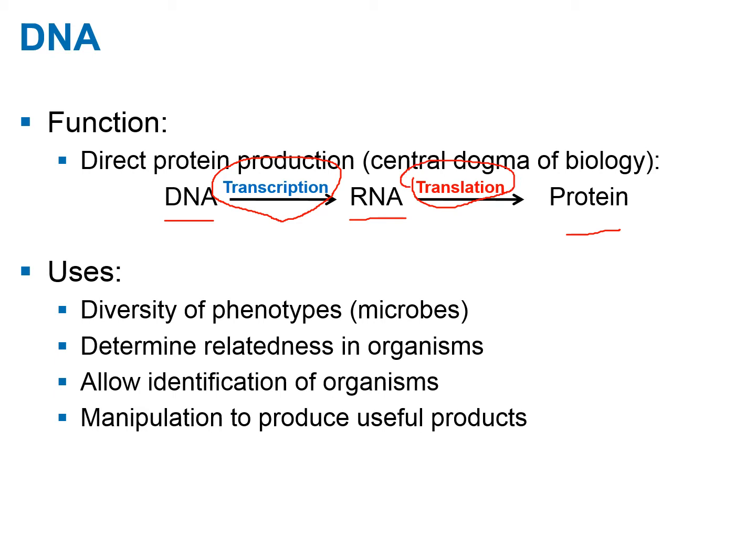Sir Francis Crick called this the central dogma of biology, that DNA is the hereditary material. It gets converted or transcribed into RNA, and then RNA gets translated into protein. Now, DNA has a variety of different functions in the cell and uses. It's responsible for the diversity of phenotypes. What does that mean? It's responsible for the different ways that organisms appear and the different characteristics that they have.